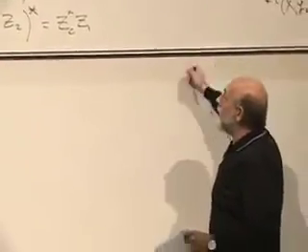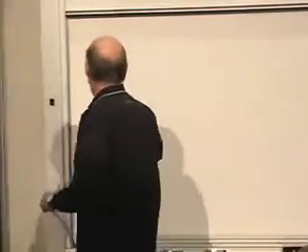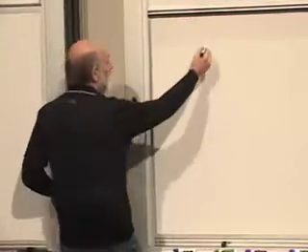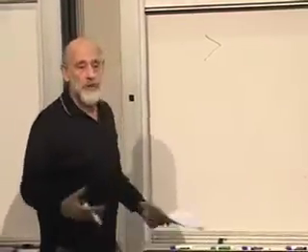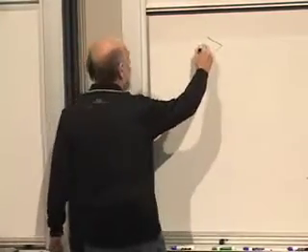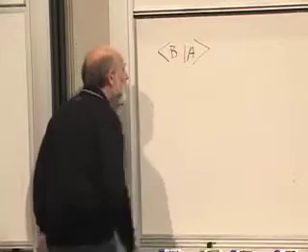Another way to write the same thing, which generalizes to more complicated vector spaces, is that if I have two complex vectors, let's call them A and B instead of z.